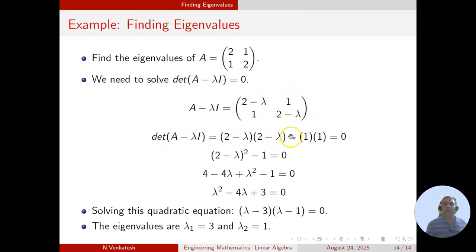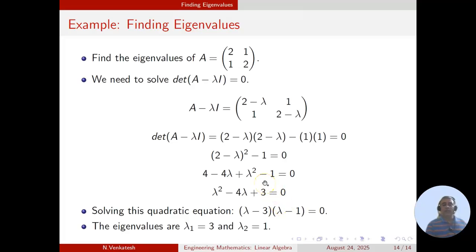Now you equate its determinant to 0. Then if you simplify, you get lambda square minus 4 lambda plus 3 equal to 0. When you solve this quadratic equation, you get 2 eigenvalues. It is a 2 by 2 matrix, that's why we got 2 eigenvalues. If it were a 3 by 3, we would have got a cubic equation, and then we would have got 3 eigenvalues.